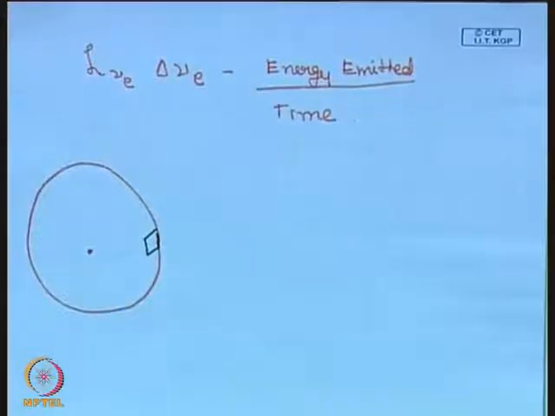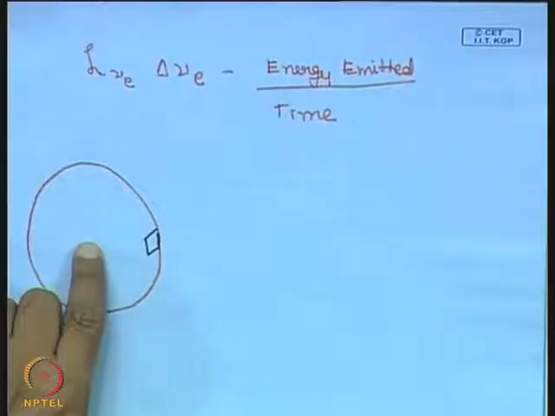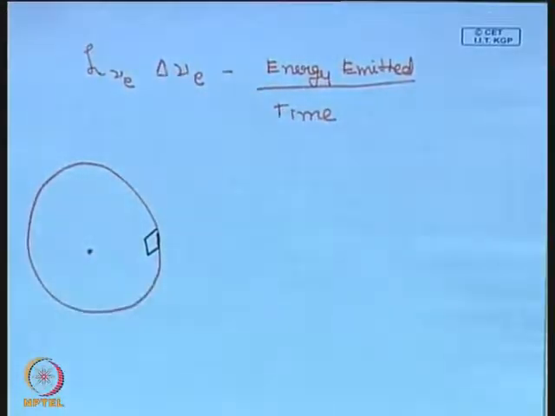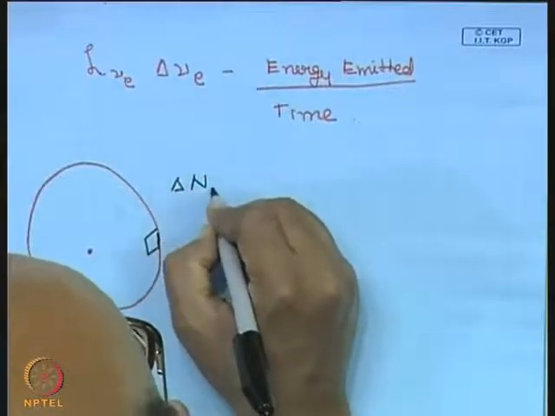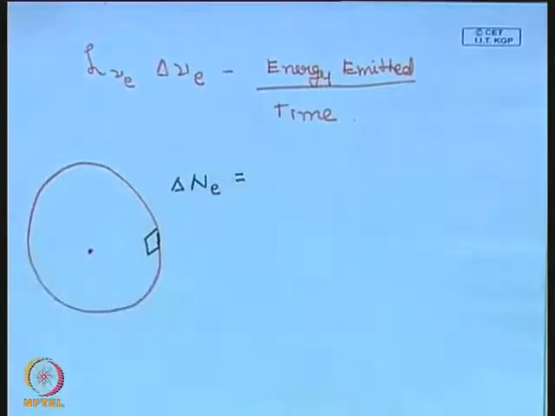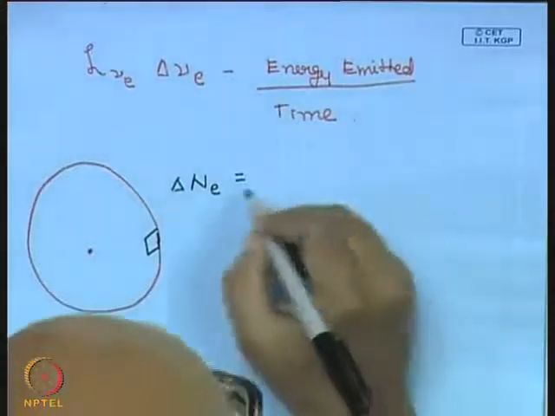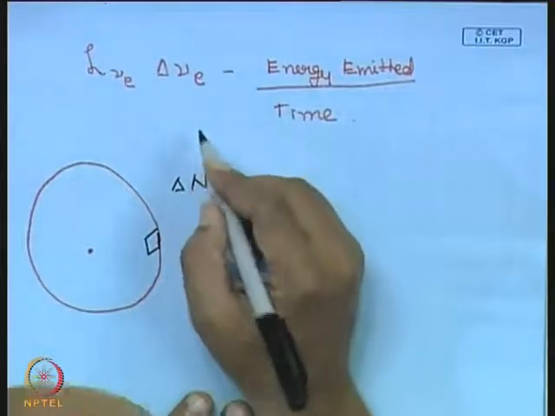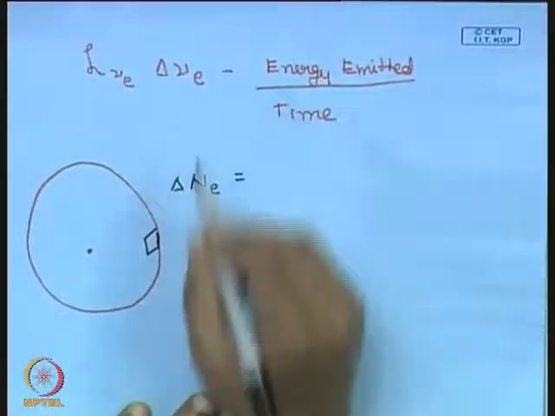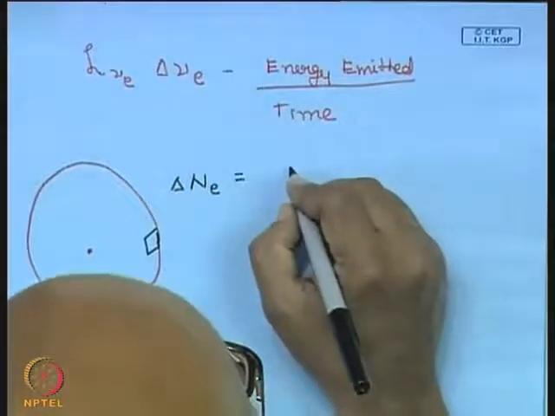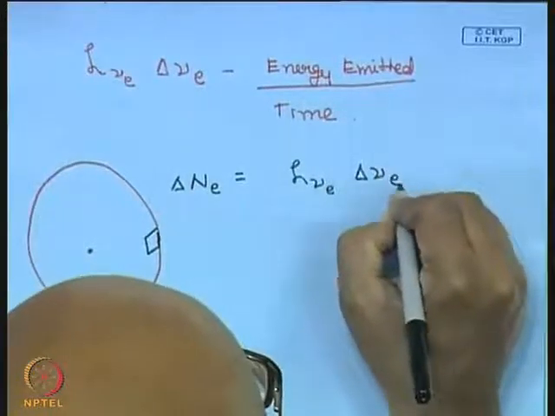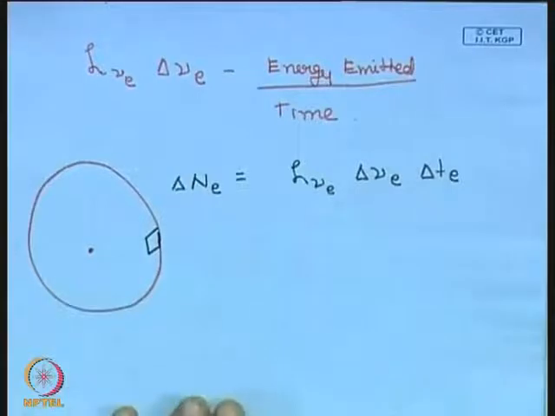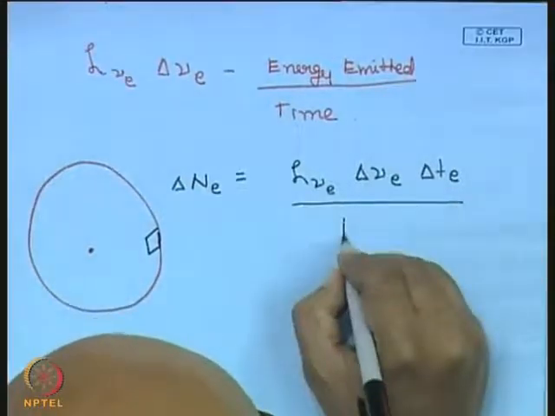To do this, let us first calculate the number of photons that were emitted. The number of photons will not get changed. So the number of photons that were emitted, delta n emitted, in a time interval delta t e in the frequency interval delta nu e, is given by L nu e delta nu e delta t e divided by h nu e.